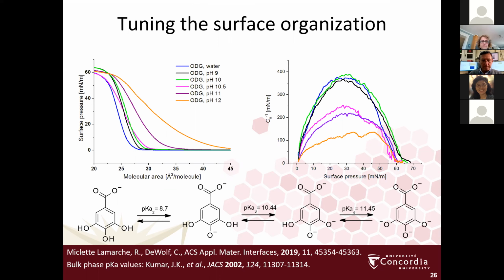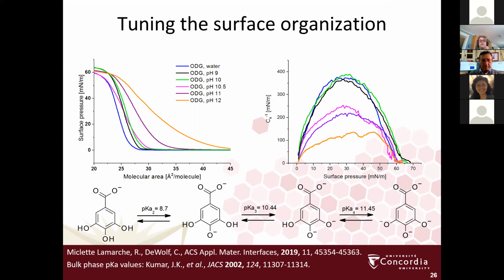So one of the things we've tried to do is to tune the interface and the organization using charge repulsion. We've started to change the pH to deprotonate some of the hydroxys on our head group. Up to pH 8, which isn't shown here, the isotherms are identical to water.